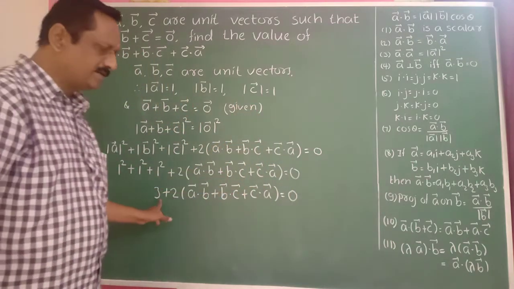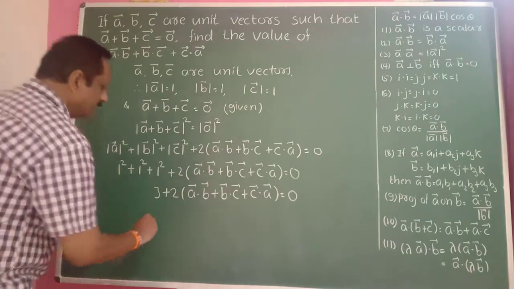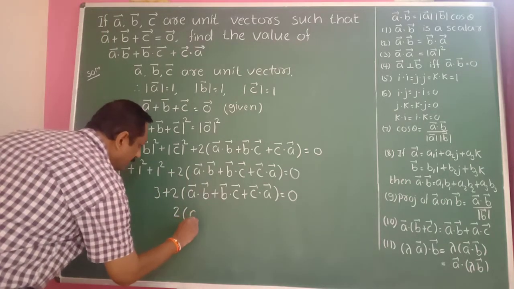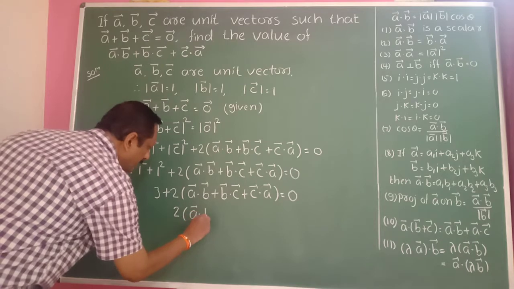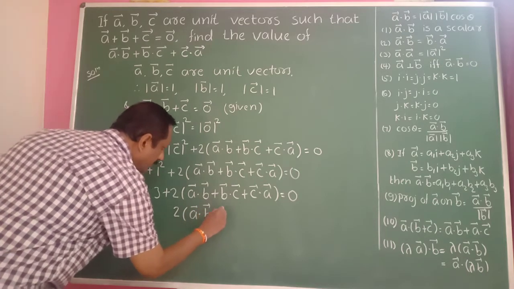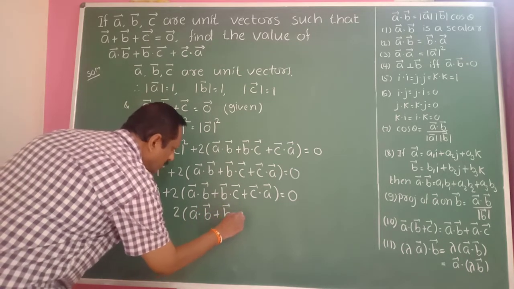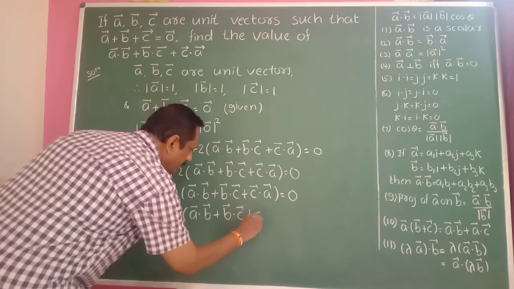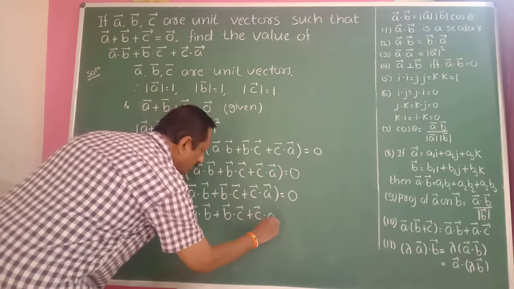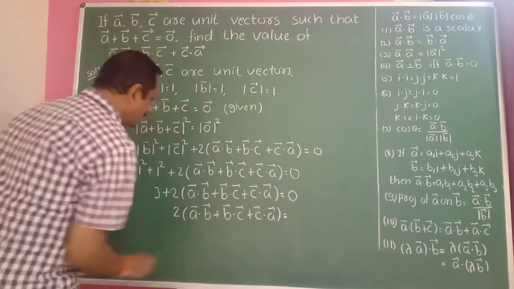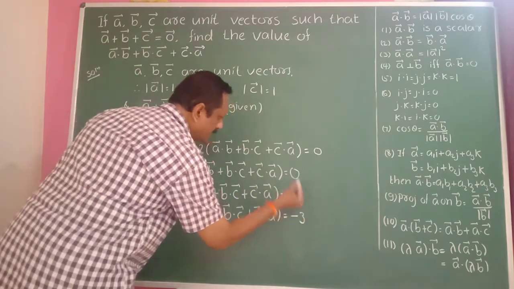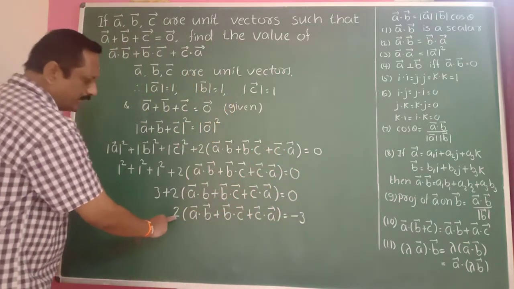Take the 3 to the right hand side, it becomes minus 3. Yes, 2 into bracket a bar dot b bar plus b bar dot c bar plus c bar dot a bar is equal to minus 3.